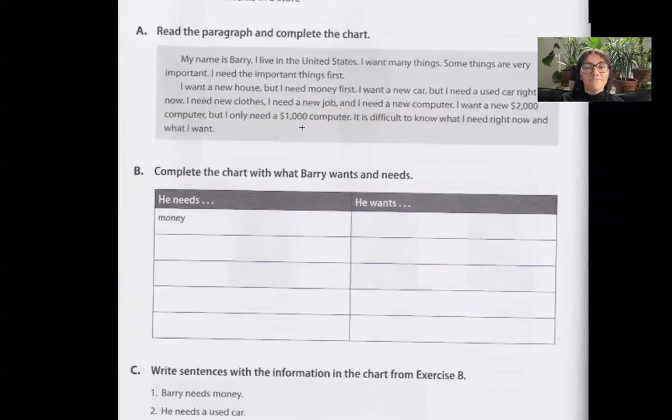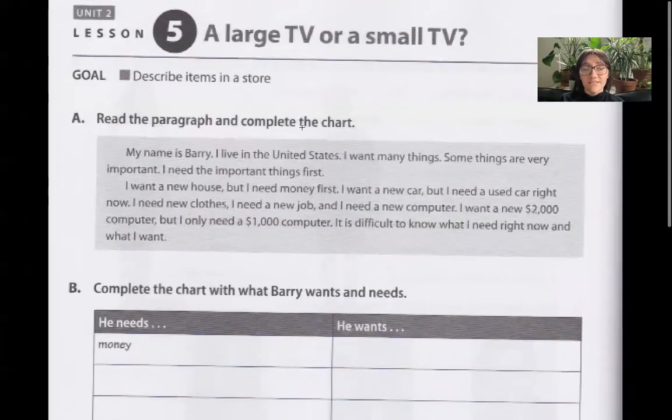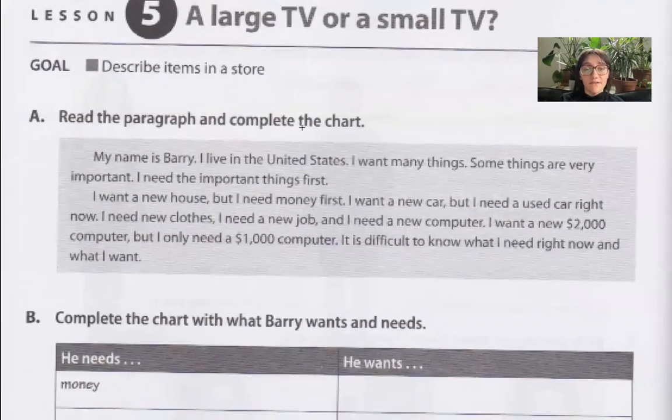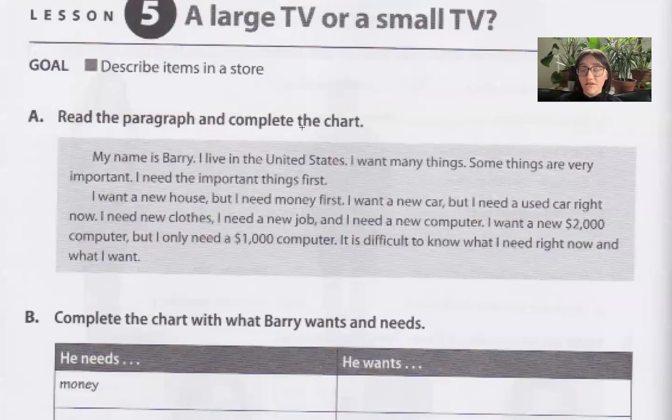So now we're going to do some practice, right? So it says read the paragraph and complete the chart. So we'll do this together. I won't leave you to do it by yourself. My name is Barry. I live in the United States. I want many things. Some things are very important. I need the important things first. I want a new house, but I need money first.